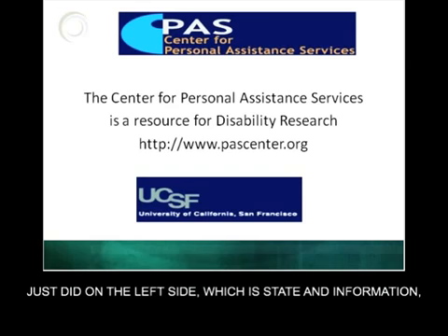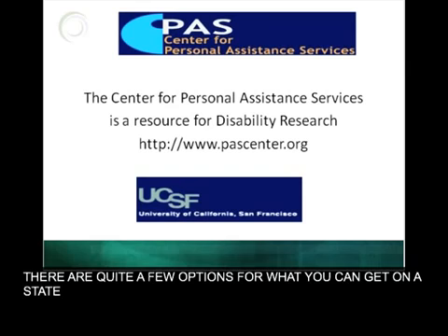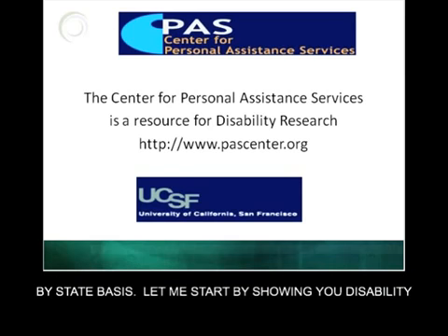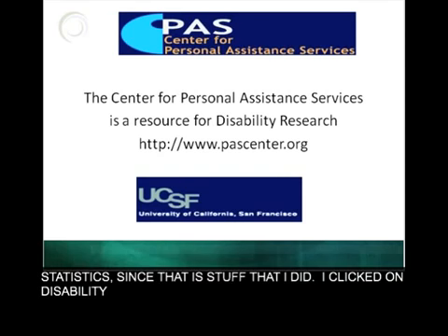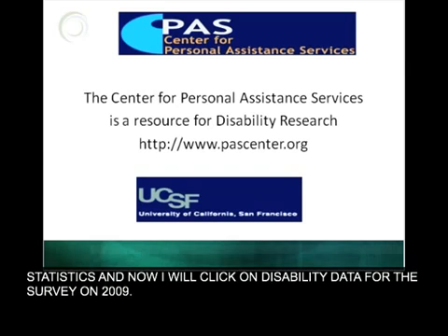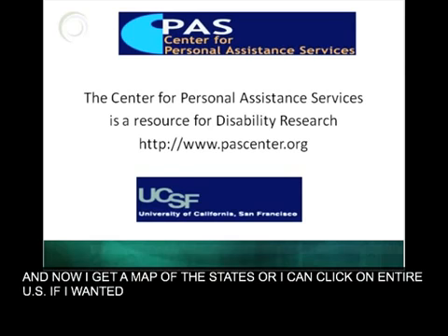If you click, as I just did, on the left side where it says State Information, there are quite a few options for what you can get on a state-by-state basis. Let me start by showing you disability statistics, since that's stuff that I did. So I clicked on disability statistics. Now I'm going to click on disability data from the American Community Survey from 2009. That's the first link. And now I get a map of the states.